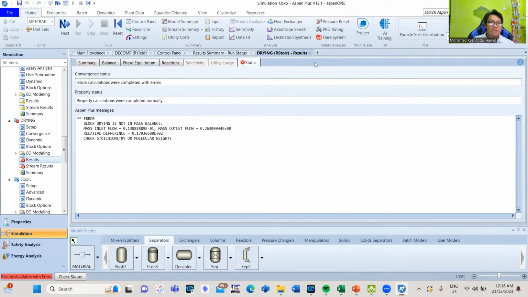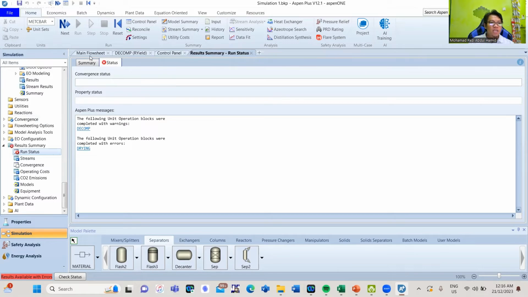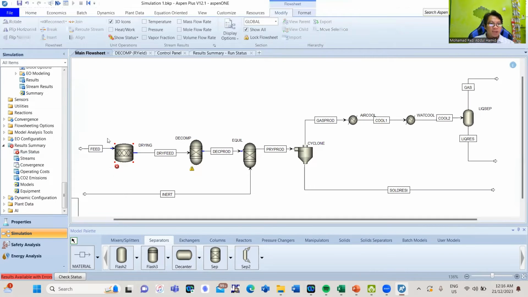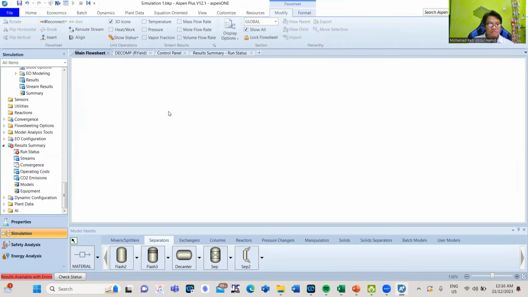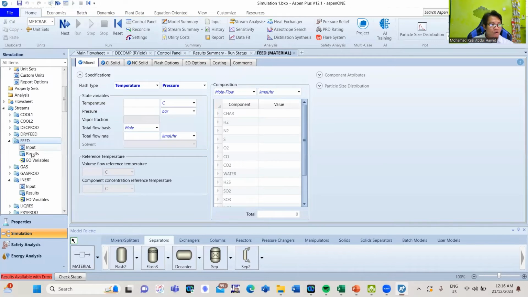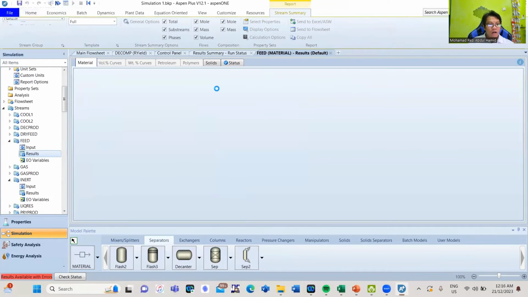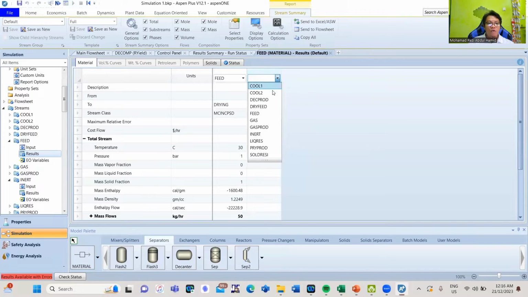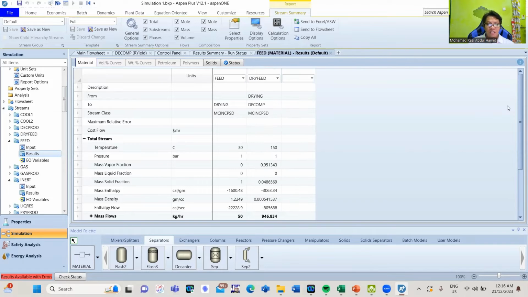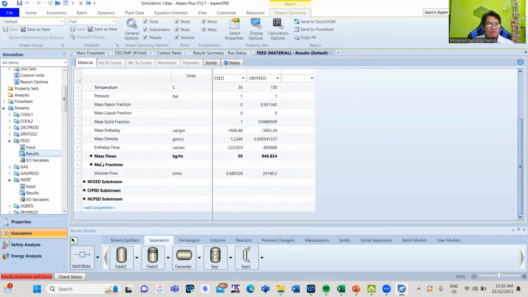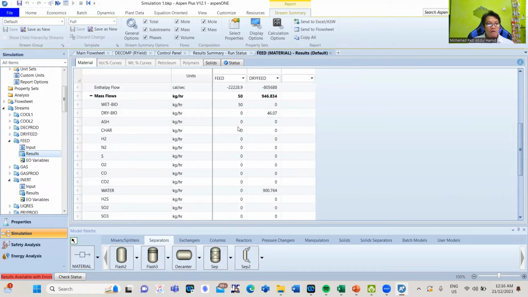If you see my feed stream, double click, go to result. And then I choose another one to do side by side. It should be the dry feed. Now, if you go down, 50 kilograms of wet biomass turns into 46.07 kilograms of dry biomass.